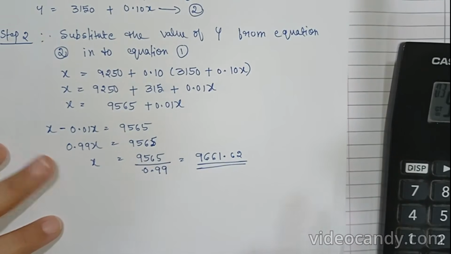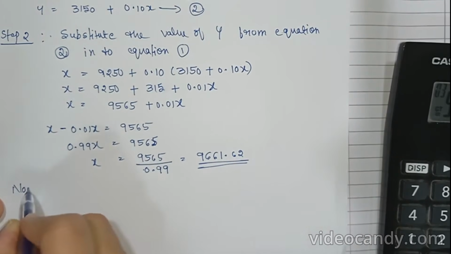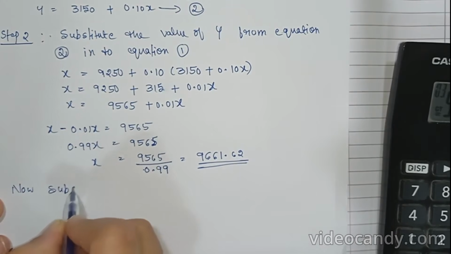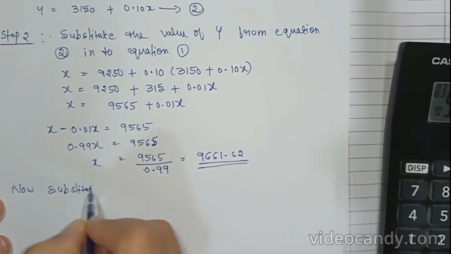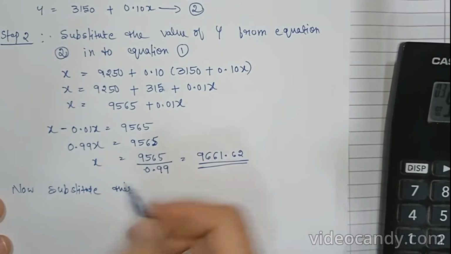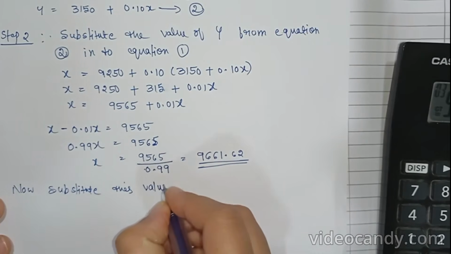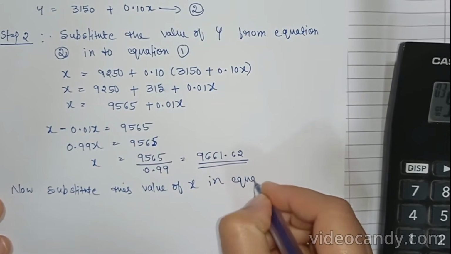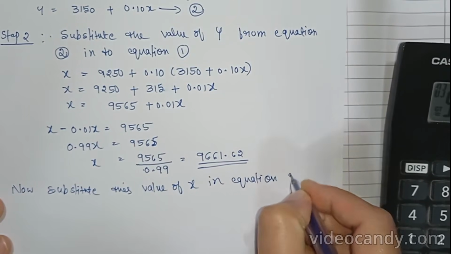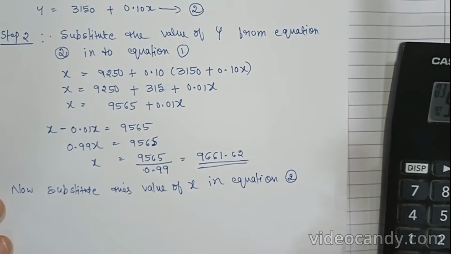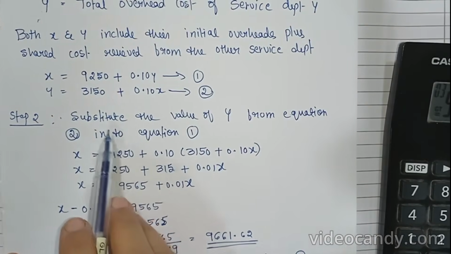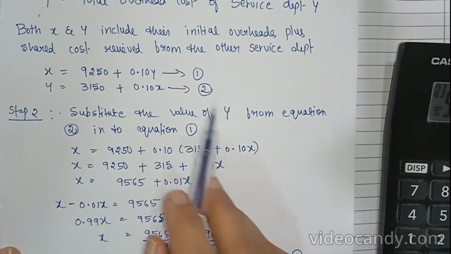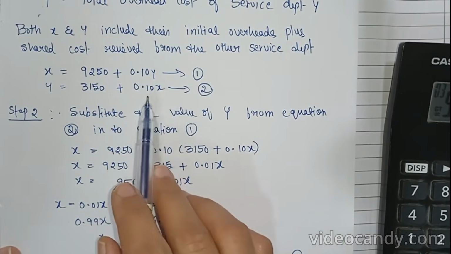Now what you have to do? Now substitute this value of x in equation 2. In step 2 we substituted the value of y from equation 2 into equation 1.